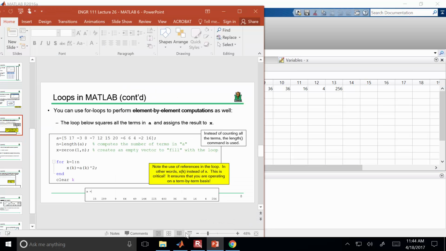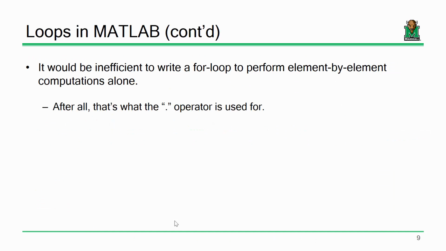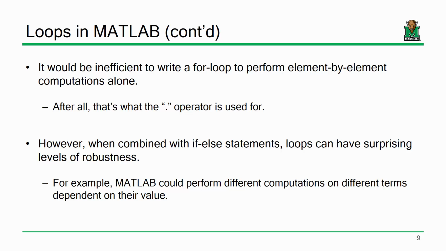Now that's nothing new, because we were able to do that using the dot operator, the element by element multiplications. So that's not really the strength of MATLAB, but we can use MATLAB to do different operations to each term inside of a matrix.